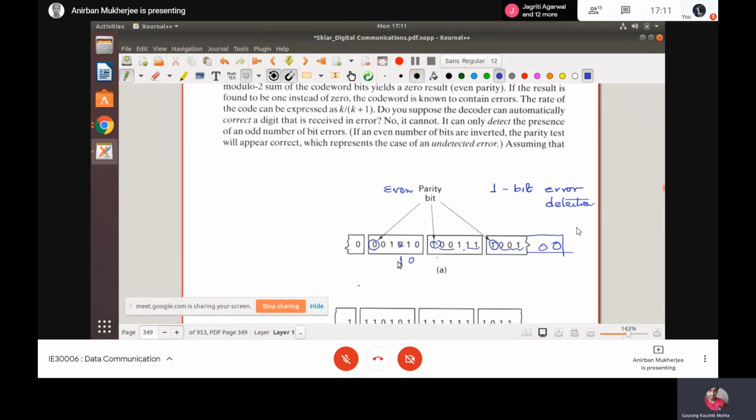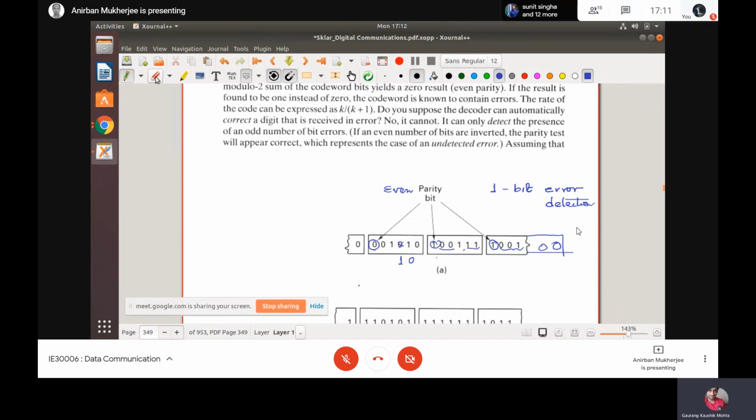Then what happened? Already 2 ones you have received. You are supposed to get the parity bit 0, and you are also receiving the parity bit 0. So you see that 2 bit error you cannot detect. 1 bit error you can detect.